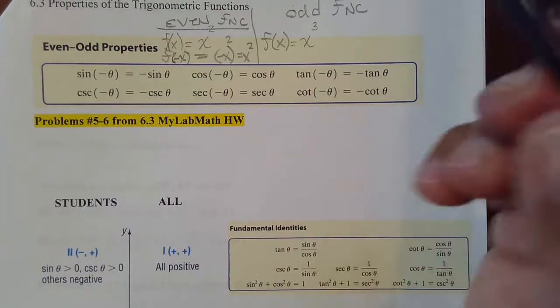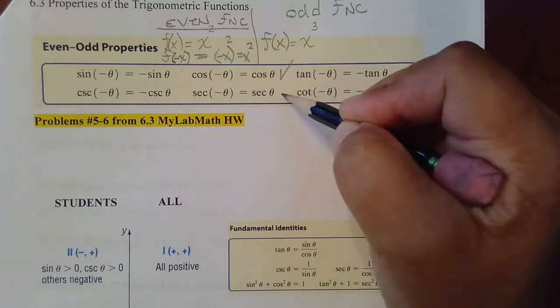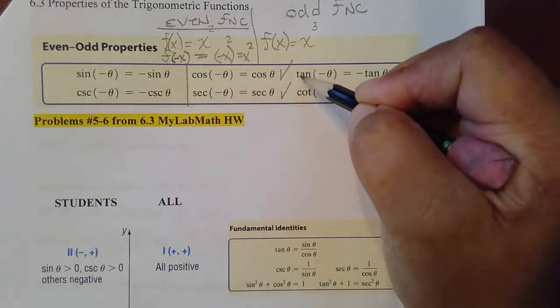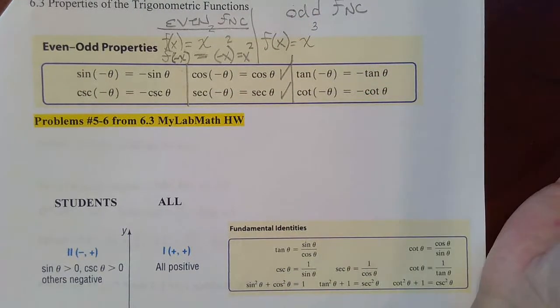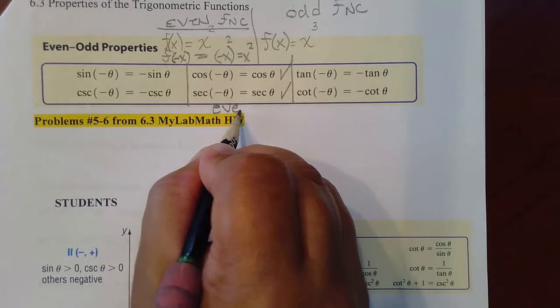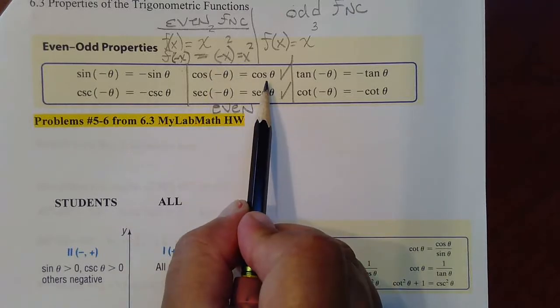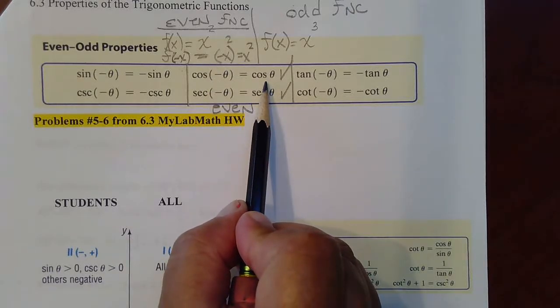And that's what they're trying to say with this and this. These two that you see right here in the center are called even functions. Cosine and secant. See how when you plug in a negative, you get the original back again?